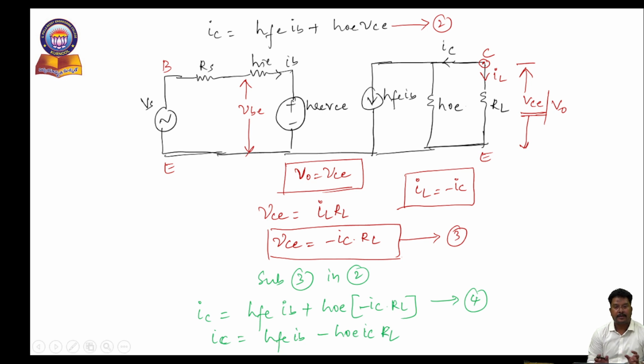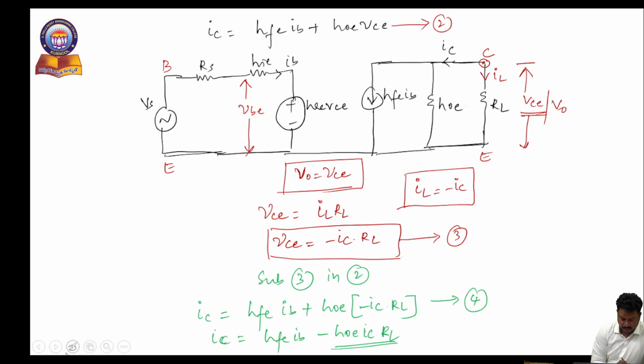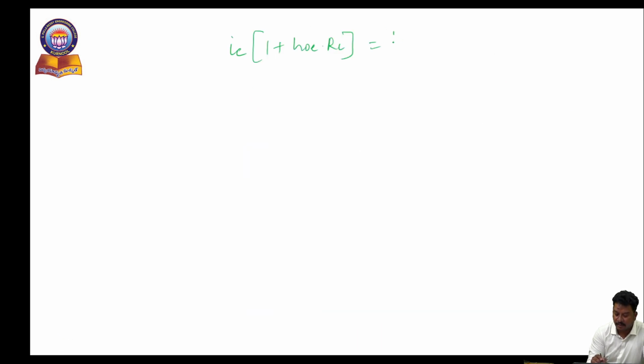I am trying to equate all IC terms on one side and IB terms on another side, so that I am trying to send this term on LHS. Then the final equation will become as IC of 1 plus HOE into RL equal to HFE into IB.